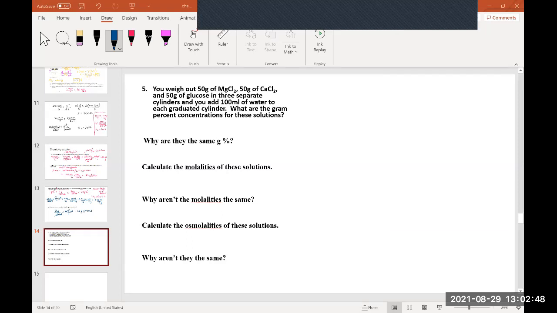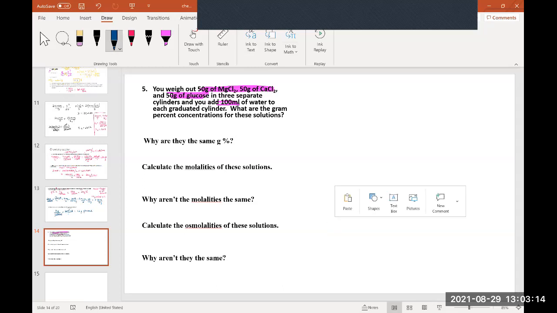Okay, so this big problem, we actually have 3 different solutions that we're playing with. 50 grams of magnesium chloride, 50 grams of calcium chloride, and 50 grams of glucose. All right, and we're told that we're going to put these 50 grams separately into 100 milliliters of water.